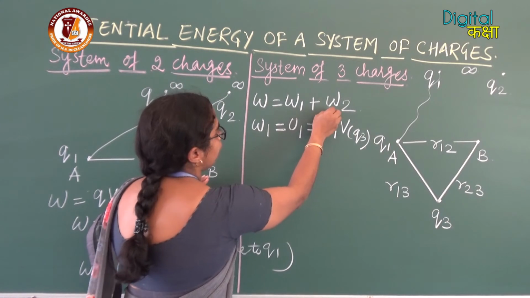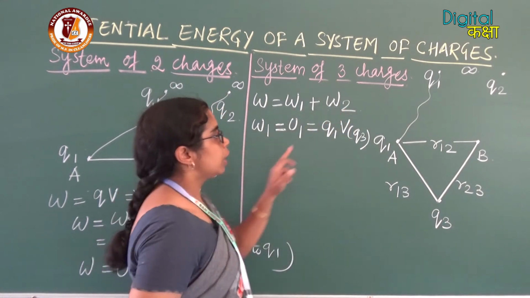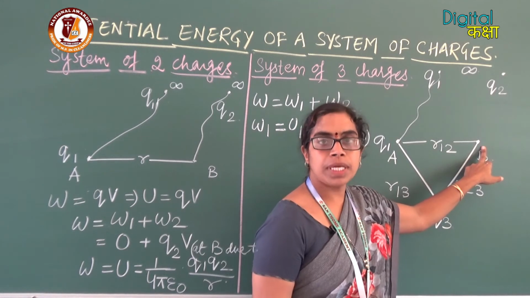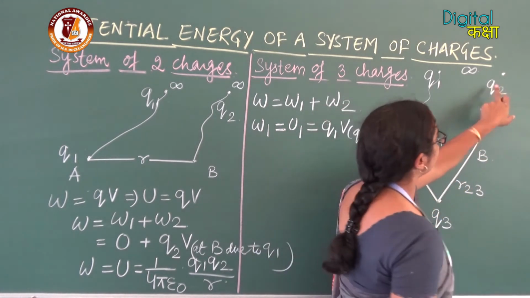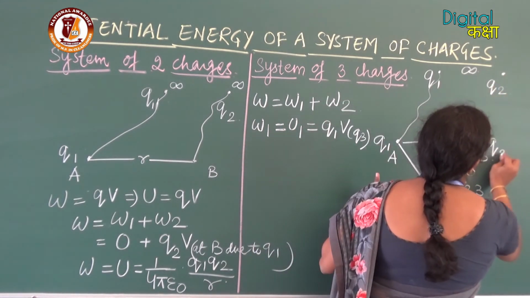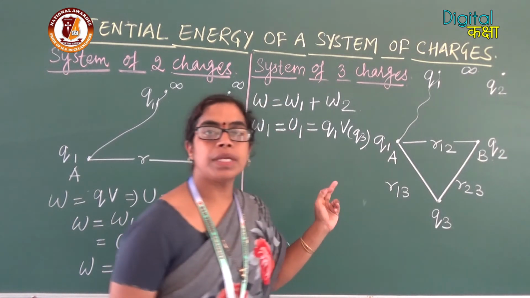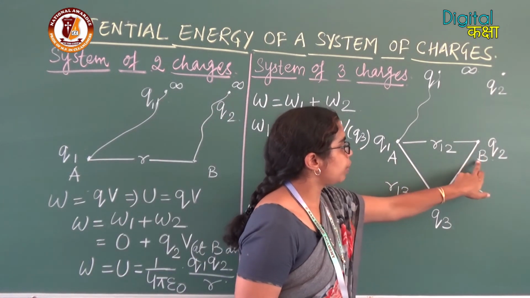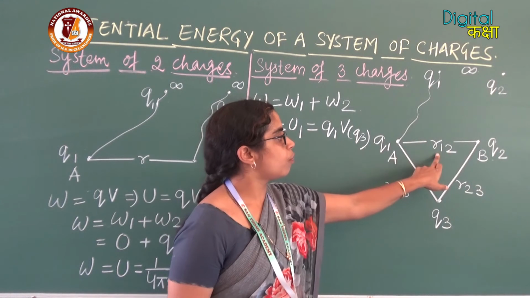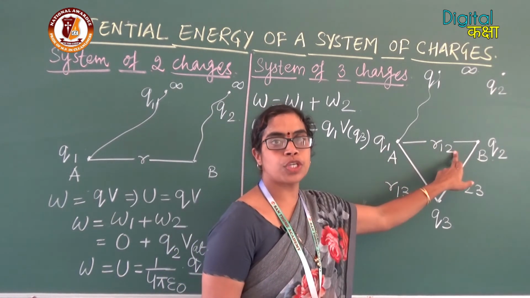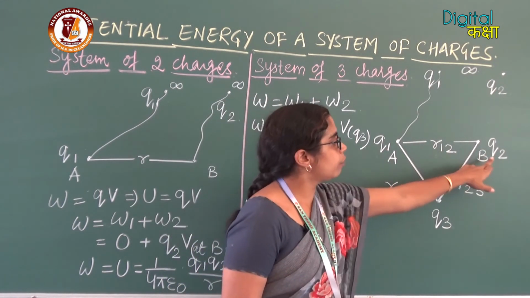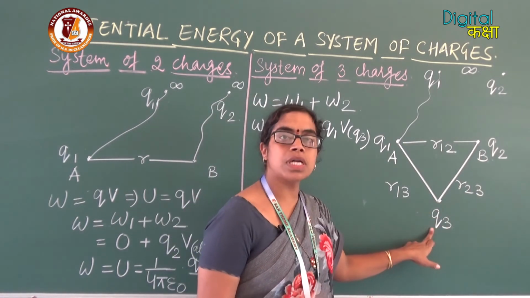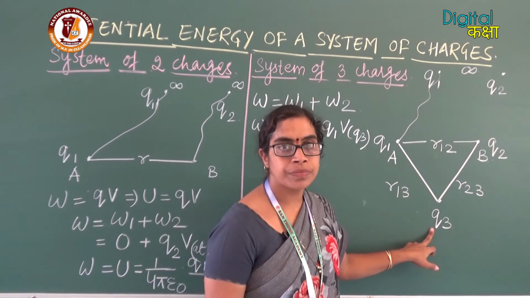Then when we are talking about the work done to bring the charge Q2 to point B, when Q2 is kept at point B, at that time this Q2 will be at a distance of R12 from the charge Q1 and at a distance of R23 from the charge Q3.